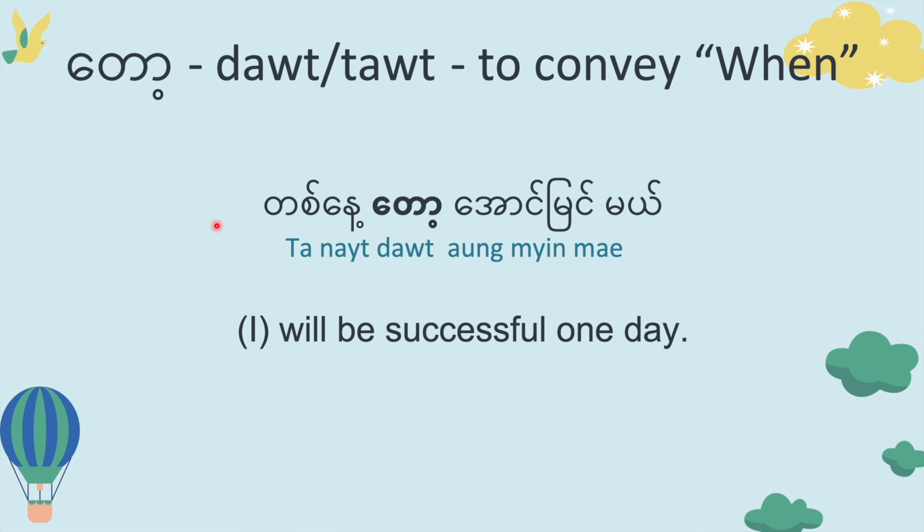We can also use it with a time related noun, for example တနေ့တော့အောင်မြင်မယ်. တနေ့ means one day. အောင်မြင်တယ် means to be successful. So တနေ့တော့အောင်မြင်မယ်, I will be successful one day.